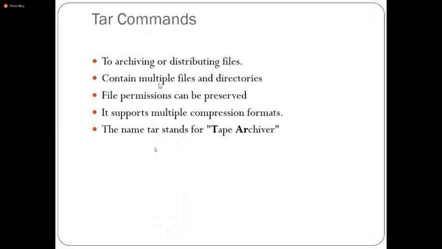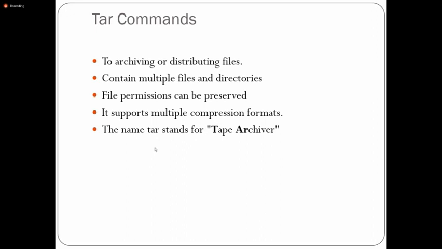You can compress separate files as well, but then you will have to type the names of each file when you are creating the zip file. Okay, so the file permissions can be preserved. So this is as in Windows, right? Any permissions of the file can be kept as it is when you zip the files.